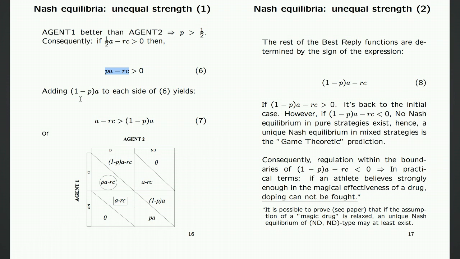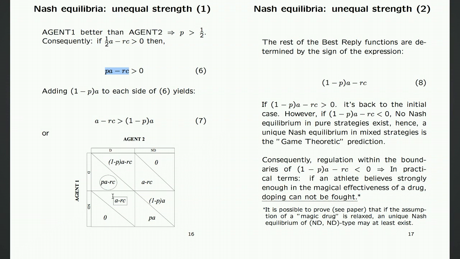Now, if you just add 1 minus p times a on each side of 6, we get this concept, and then we see that we get an opportunity to fix two of the best replies. PA minus RC is now bigger than 0, so we get a circle around this. This is the best reply for agent 1, given the situation.